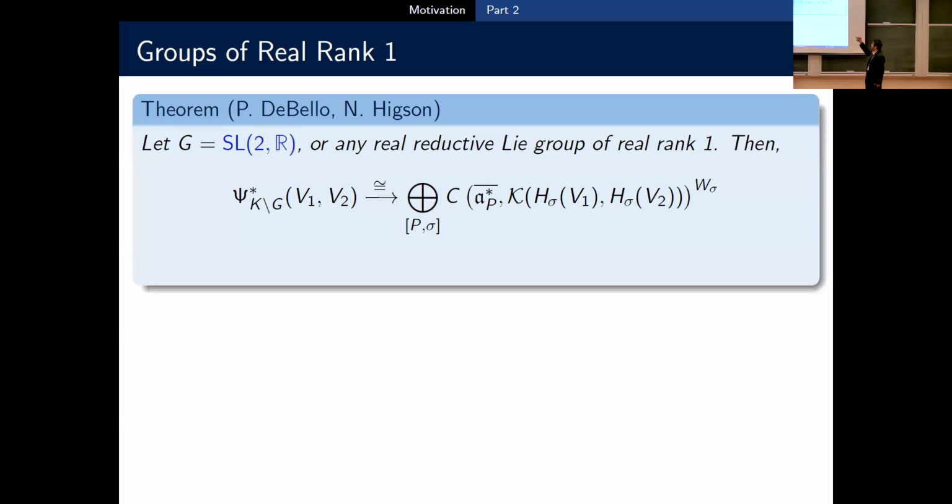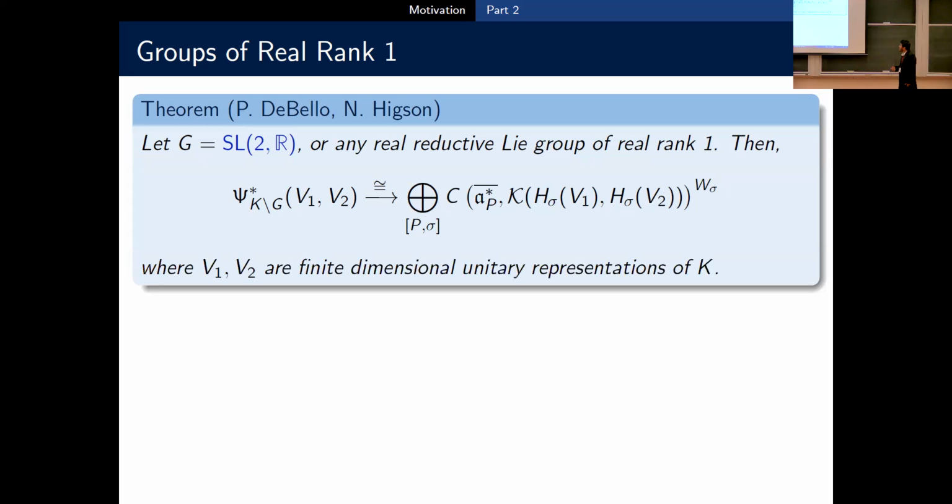So the domain of these functions is a rank 1, so dimension 1 vector space. That's where the real rank 1 comes in, and they're operator valued equivariant, or matrix valued equivariant, functions. So a basic instinct is to generalize this kind of result for groups of higher real rank.